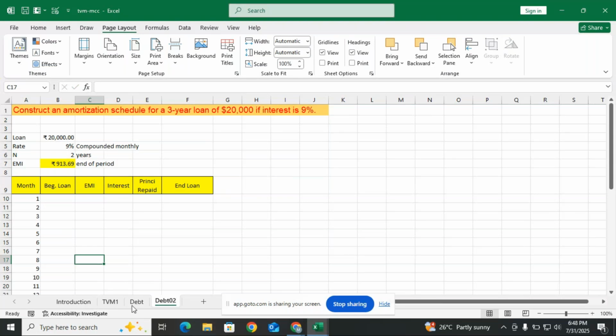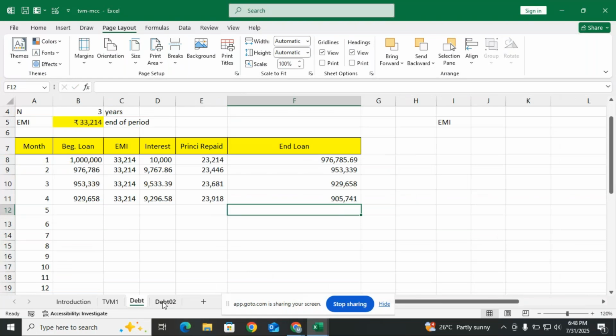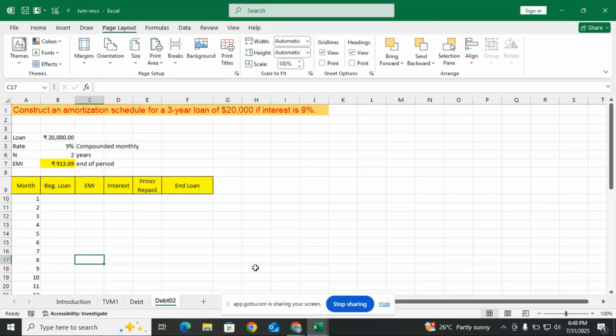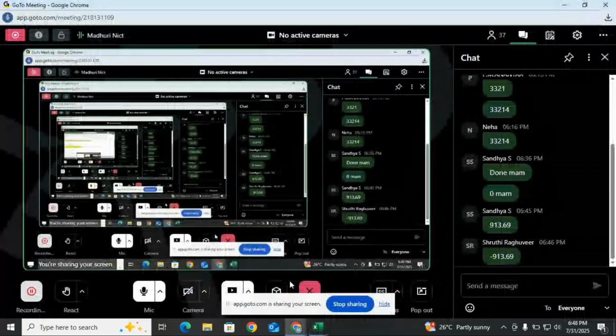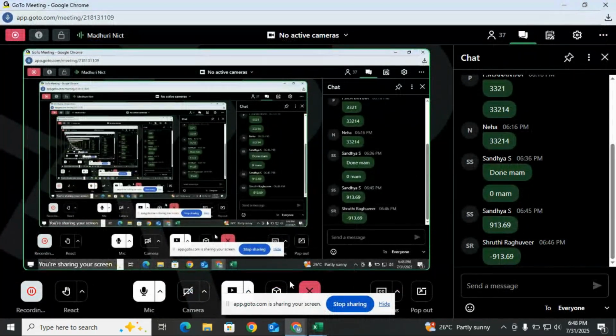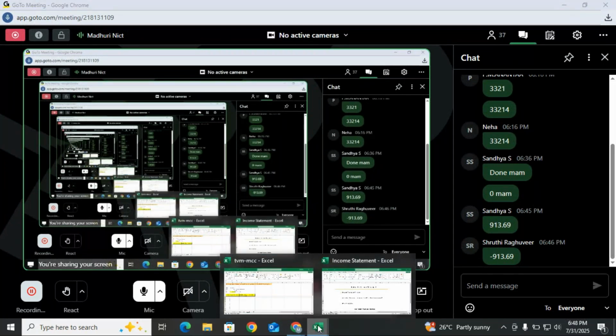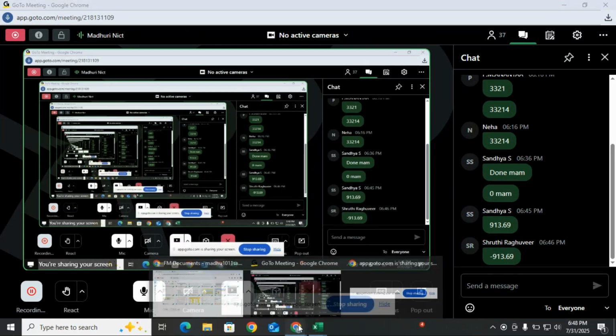So you can work out both the schedules. Here also the same thing: by the end of the loan it should be zero, or at least a minimal amount. Once you finish working on this, I will proceed with the next topic. So I'll give you time. Once you are done, I'll move on to the next topic.